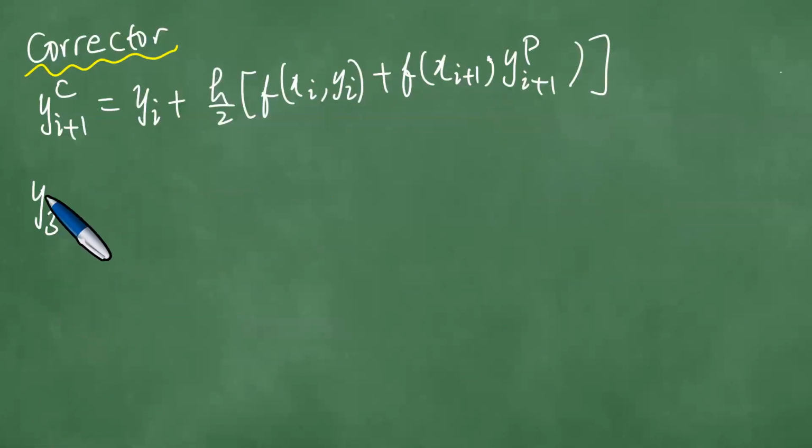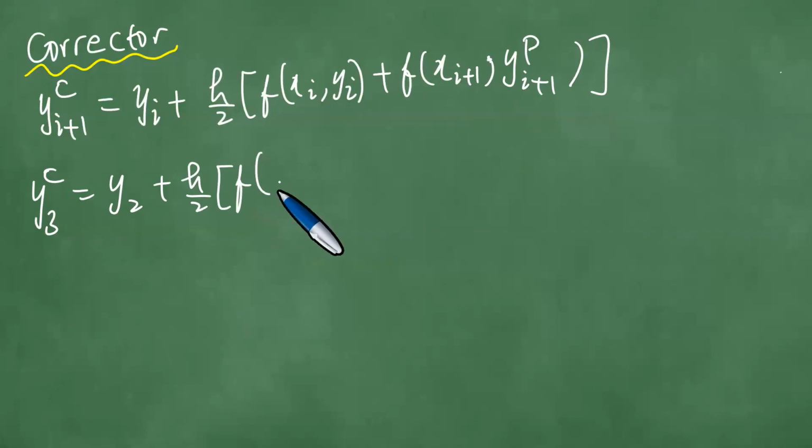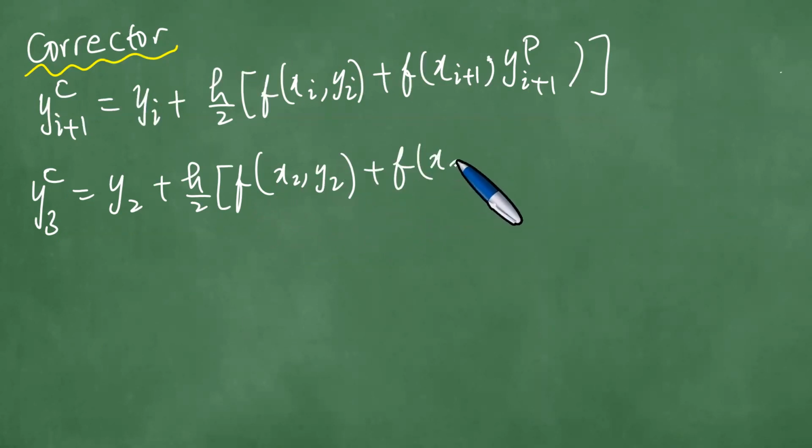Y3 corrector means that it occurs when i is 2, h over 2. When i is 2, this is going to be 3, but this is going to be 2. So they're different.